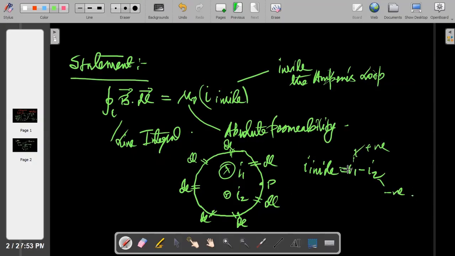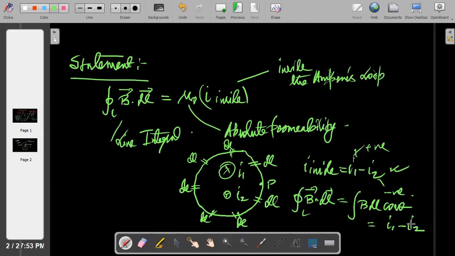So I inside is I1 plus or minus I2. So here your B dot dl, which you can write as B dl cos theta, is equal to mu naught multiplied with (I1 minus I2).